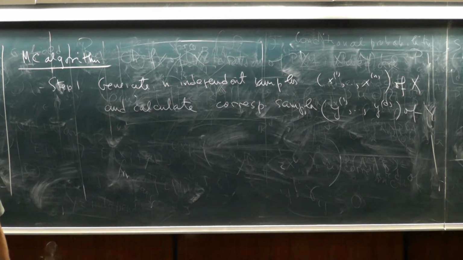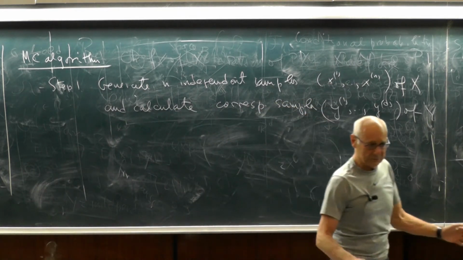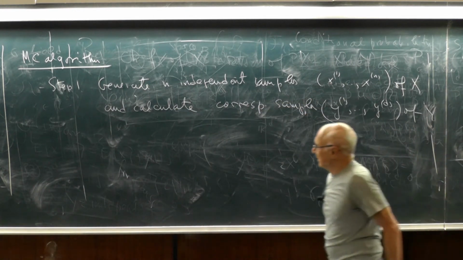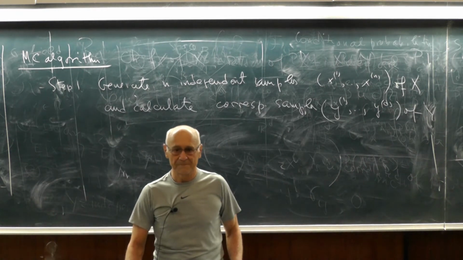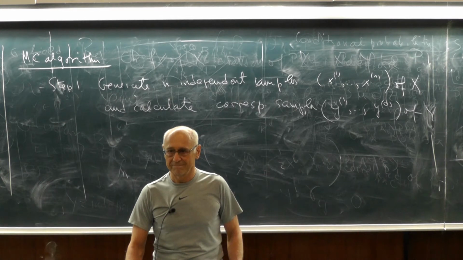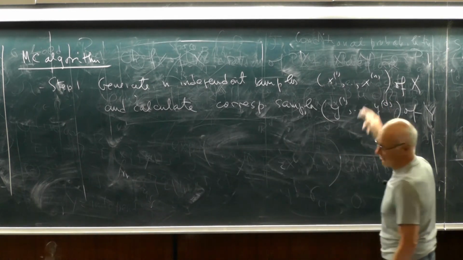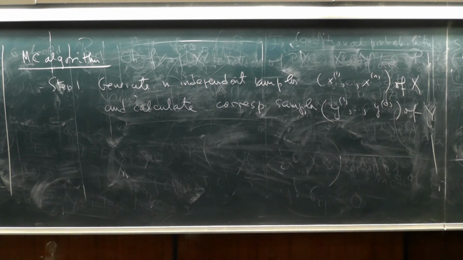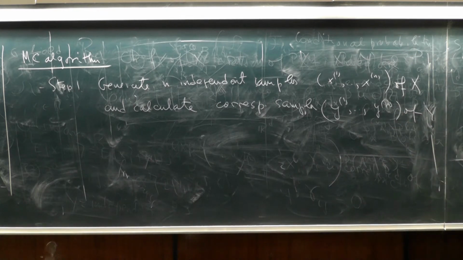So that's step 1. As I said, I owe you this part. We are going to discuss how to produce samples for that. Step 2. Sorry, that yd is not necessarily equal to xn, no? All right, that's a typo. It happens in the books too. Thank you very much.